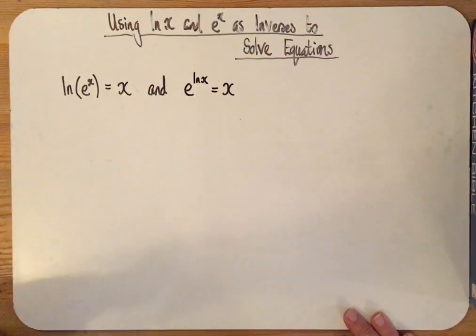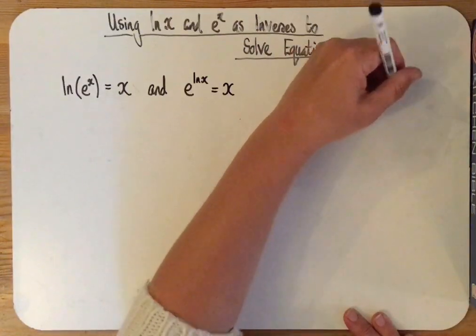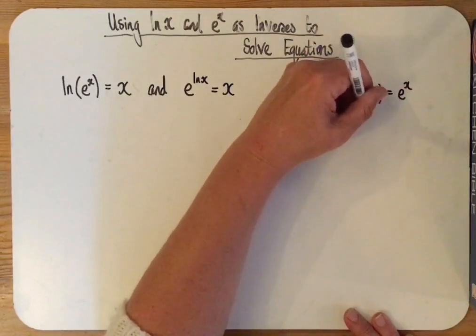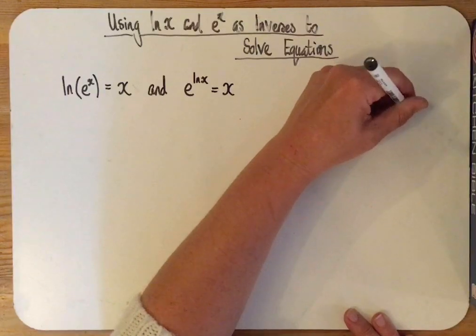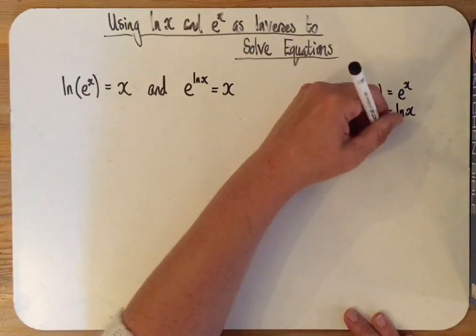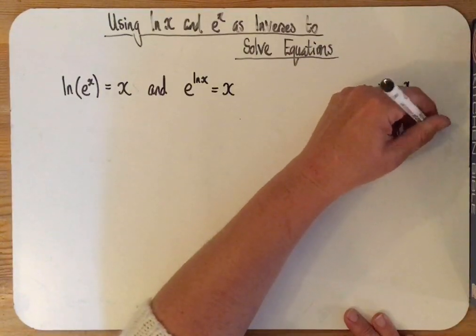get x. So if you think about your composite functions, if f of x is e to the x and g of x is ln x, we're basically saying that f g of x equals g f of x equals x.